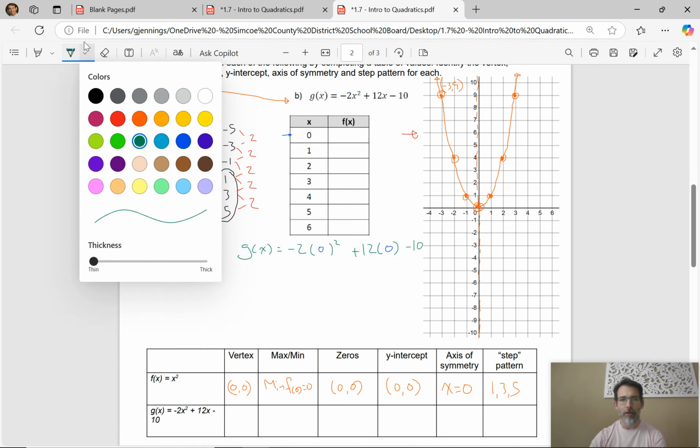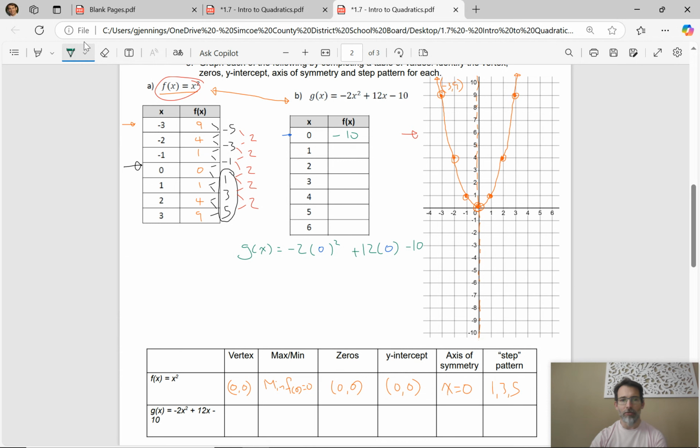And then after I've done 0, I can do 1. 1 times minus 2 plus 12 times 1 minus 10 happens to equal, well, that's g at 1, and that equals minus 1 plus 10... this is also 0. That's very interesting. So that is 0 there. So there's one of the zeros.